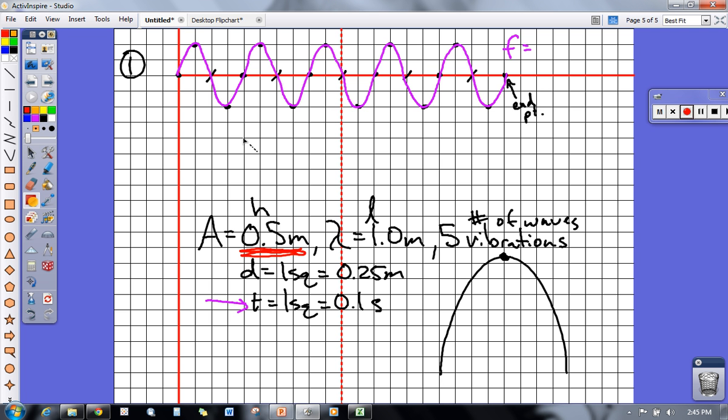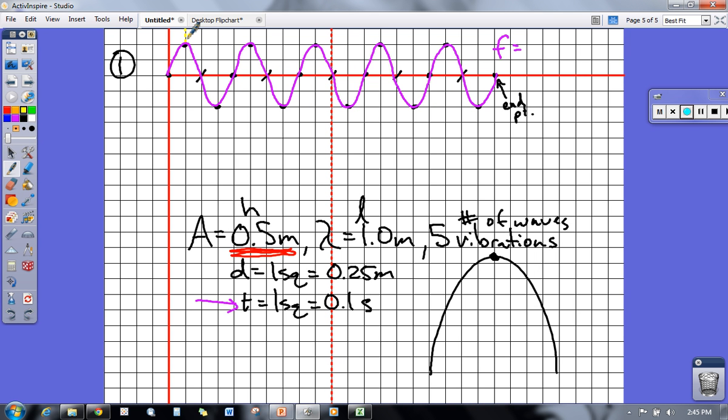So I have 1, 2, 3 crests plus 2 troughs. So 3 plus 2. We'll take that and divide it by 2 to get 2.5. What's our unit? Hertz.